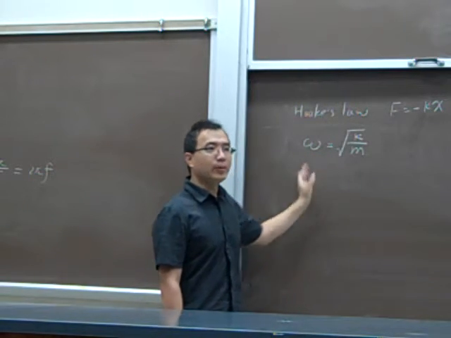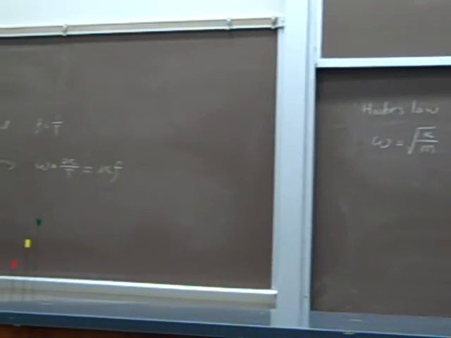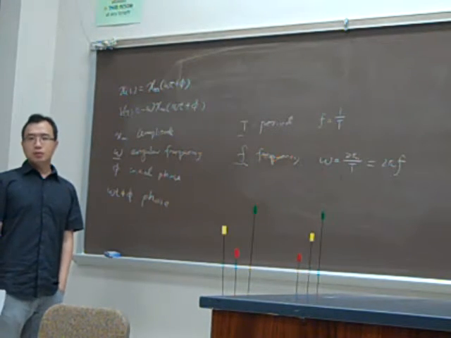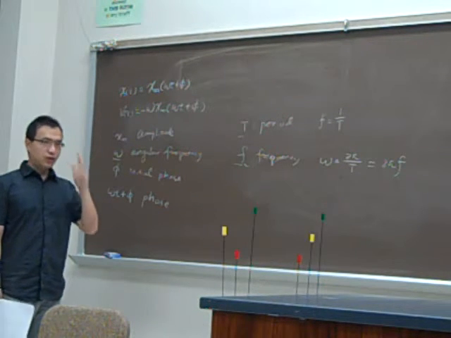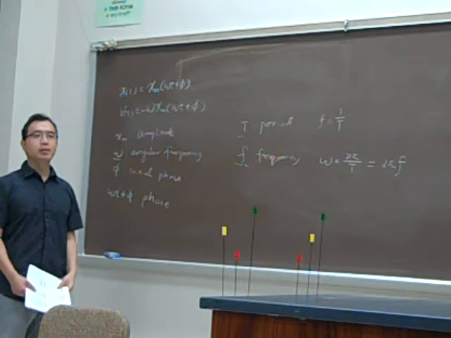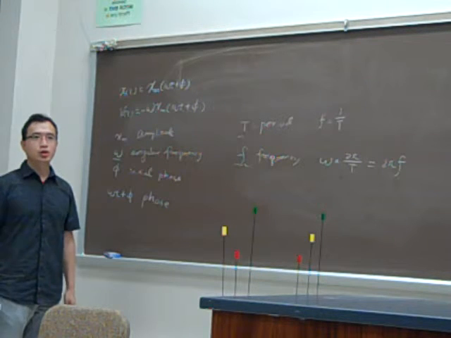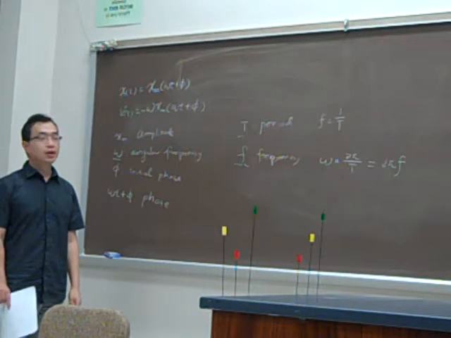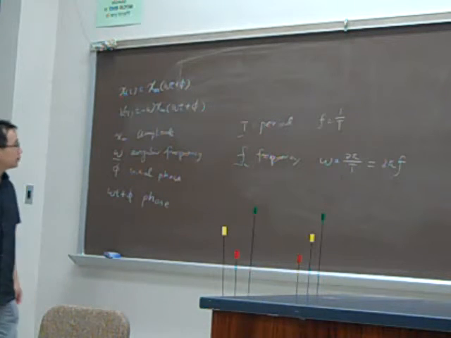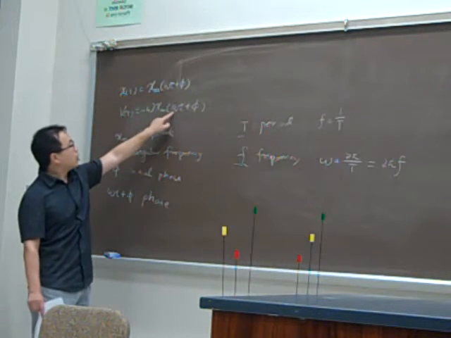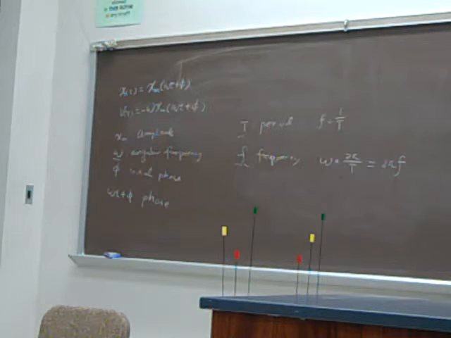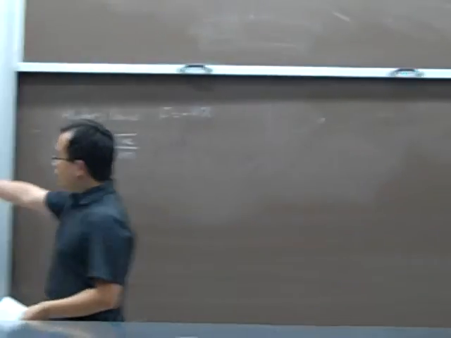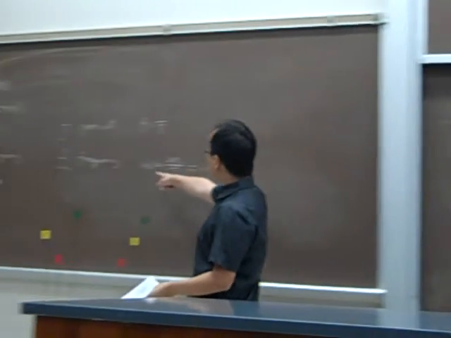Usually, if you try to find some unknown quantity and cannot find it directly, you need to think about omega. Maybe omega is a bridge connecting the unknown quantity and the known quantity. Like here, if you know omega from the equation and you know the mass, you can calculate k.